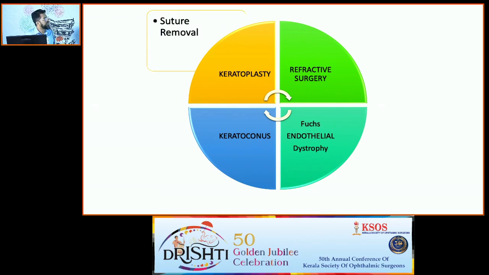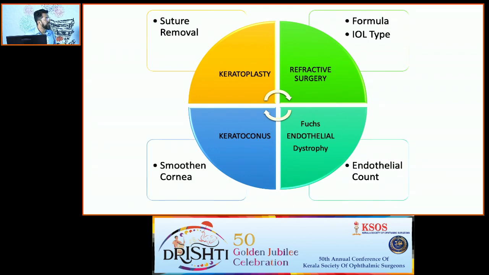The first thing to strike in keratoplasty is the sutures. Remove the sutures, wait for 3 months, and then go with your biometry. In refractive surgery, the two main concerns are which formula to apply and what IOL type to place. In Fuchs endothelial dystrophy, it's definitely the grade and the count of the endothelial cells that's important. And in keratoconus, how smooth the cornea is.